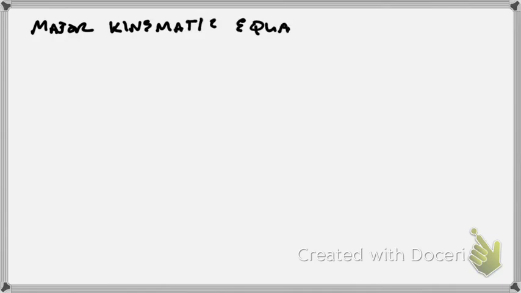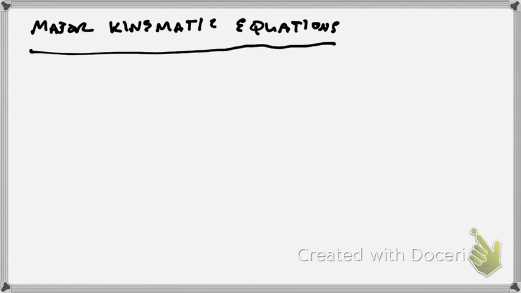All right. So the next topic we're going to talk about is the major kinematic equations. So far, we have introduced the values of all those kinematic equations, right? We talked about displacement, we talked about velocity, right?